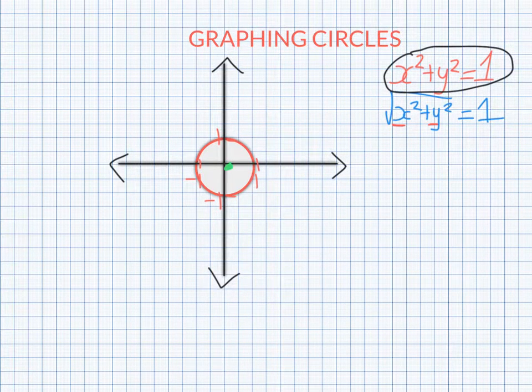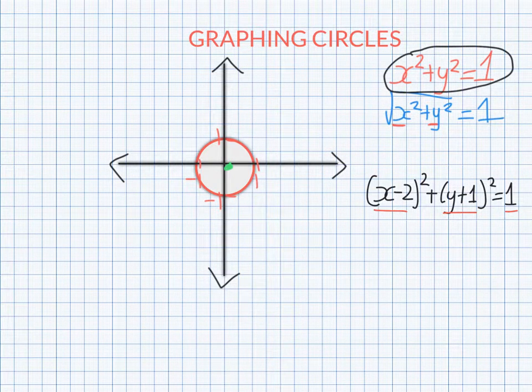So let's look if we wanted to change this graph slightly. To graph what is in black, it's actually very similar to the graph in red. I still have something squared plus something squared equals 1, and those somethings involve x and y. So this will still be a circle with radius 1. But what we've done is just made a couple of changes, and it turns out they're just simple translations.